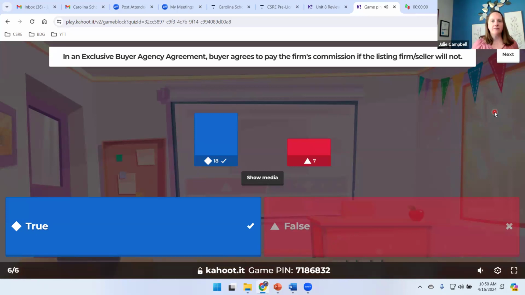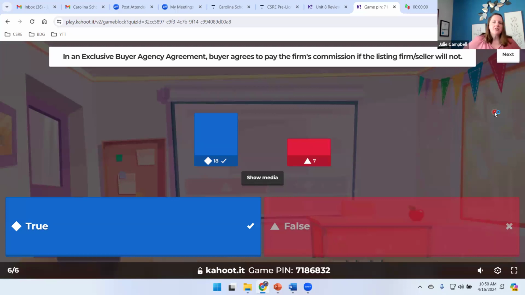Is this an oral agreement? Shake your head one way or another. Nah, this is in writing. How do I know that? Because you can't have exclusivity in an oral agreement. So when it says exclusive buyer agency, it's got to be in writing.